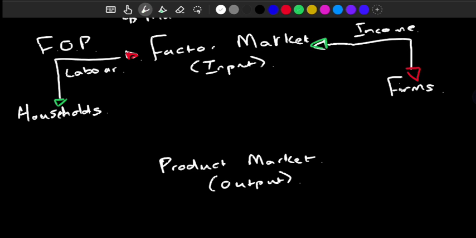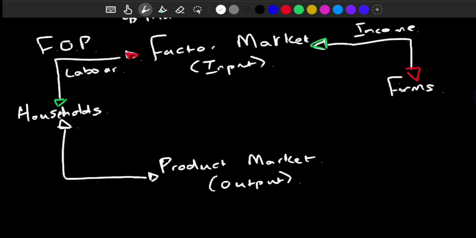On the other hand, we have a connection of products in the product market, being that these are goods and services that are used and bought. So me as the household, I went to ShopRite and I worked there.